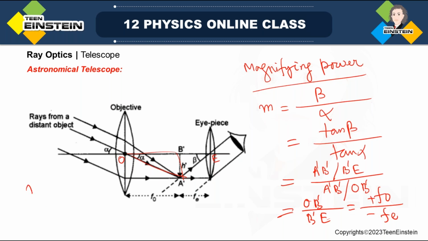So the magnifying power in this case is fo by fe. So these are the formulas you have to remember.